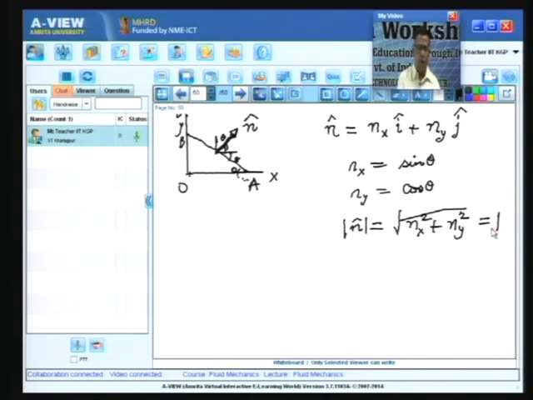Now, let us show the forces. Since the fluid is at rest, the shear stresses are 0. So, the stress here is going to be in this direction, normal to this. The stress here is going to be in this direction, and the stress here is going to be in this direction.